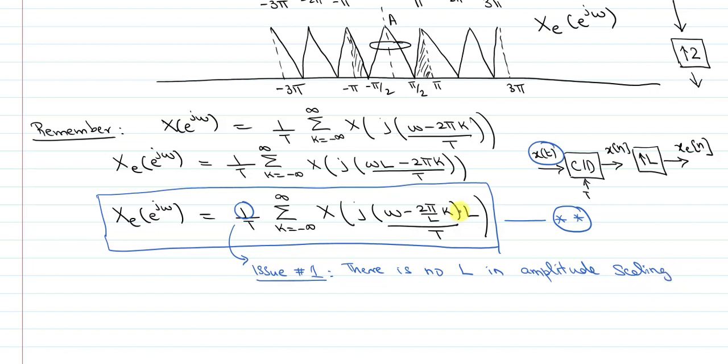And issue number 2 is that the shifting, instead of by multiples of 2π, is by multiples of 2π/L.